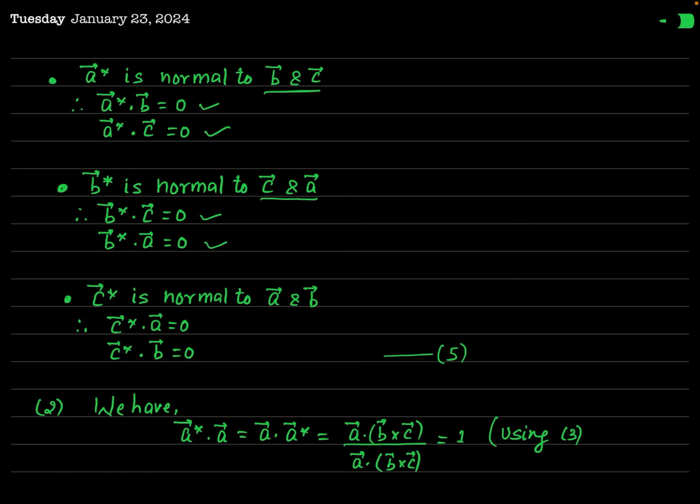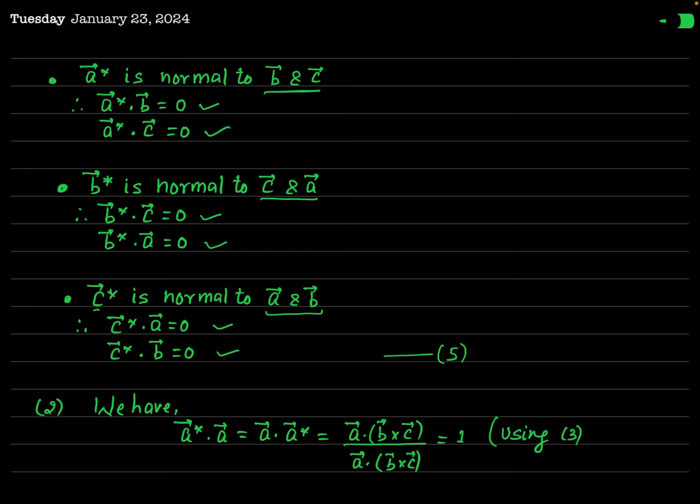And C star is also normal to A and B, so C star dot A is 0 and C star dot B is 0. This is a very important algebraic property of the primitive translation vectors of the reciprocal lattice, and it will be invariably used in the discussion after some time.